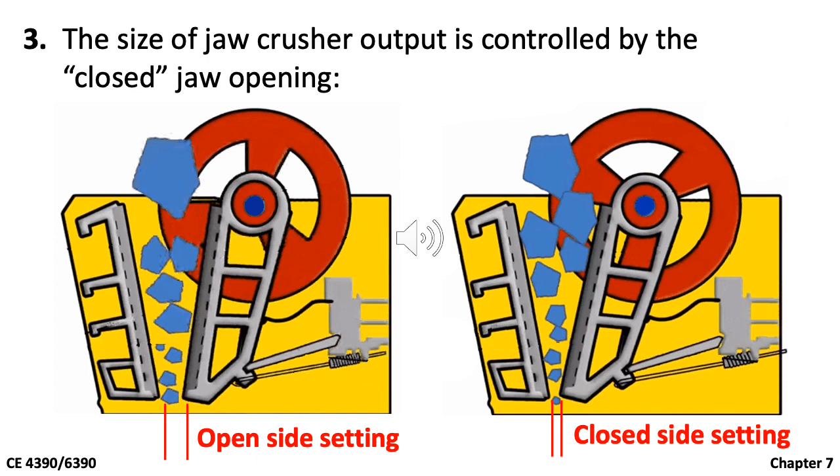It is equal to the open size setting subtracted by a certain amount depending on the machine model, and the size of the output is controlled by this closed size setting. These parameters are typically provided by the manufacturer.